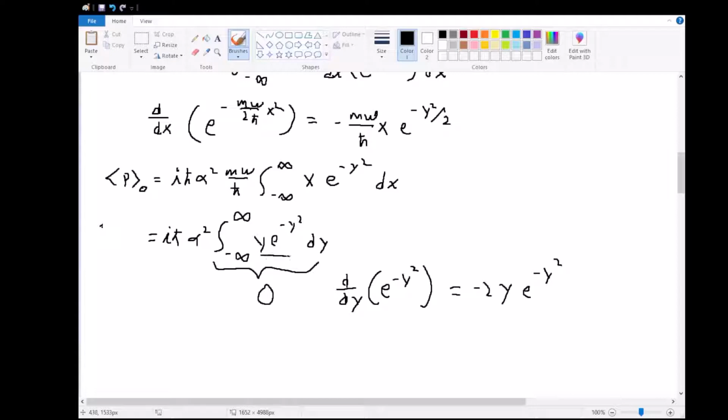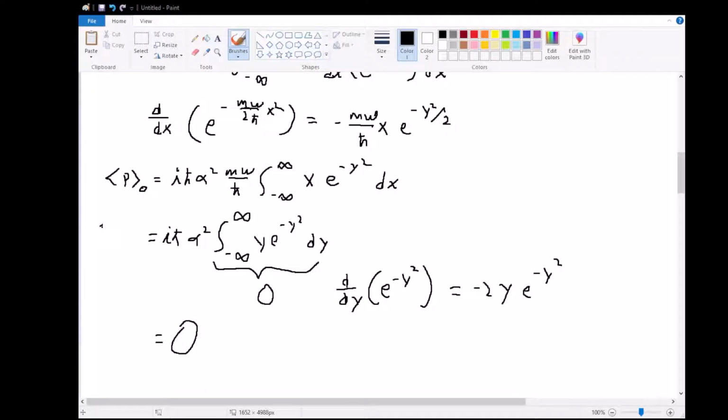Then we rewrite y e to the negative y squared in terms of d by dy, cancel out the integral, and we get an exponential e to the negative y squared evaluated at plus and minus infinity, in which case they're both equal to 0, so this integral is equal to 0. Therefore, the expectation value of p in the psi naught state is also equal to 0.